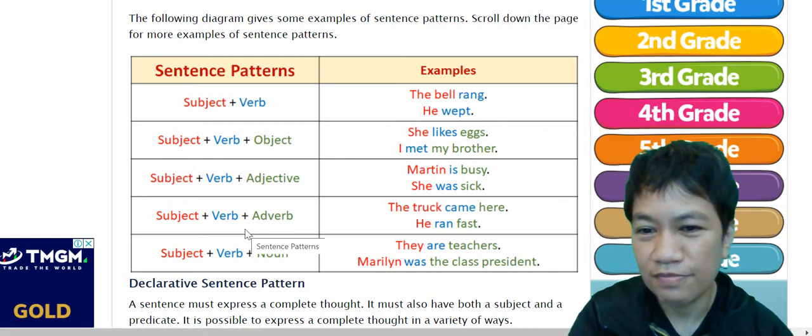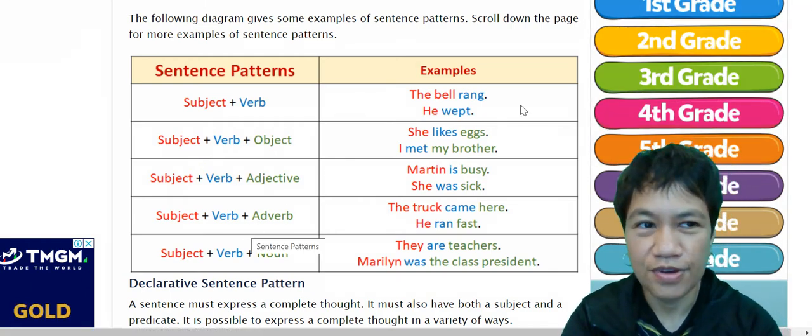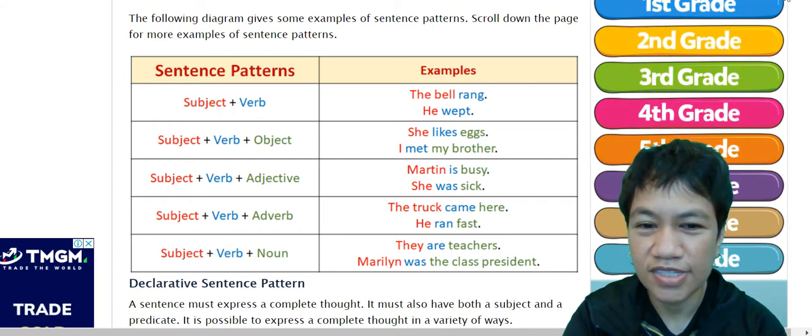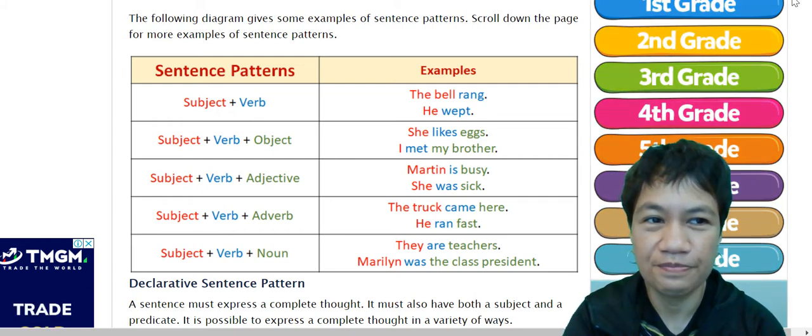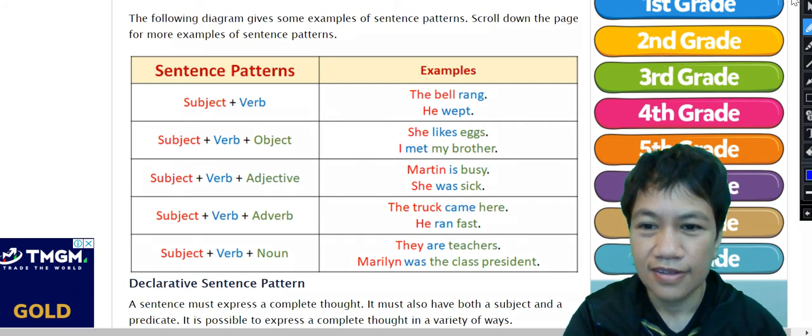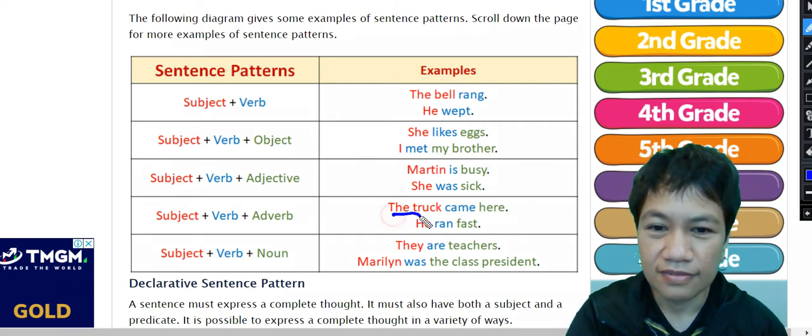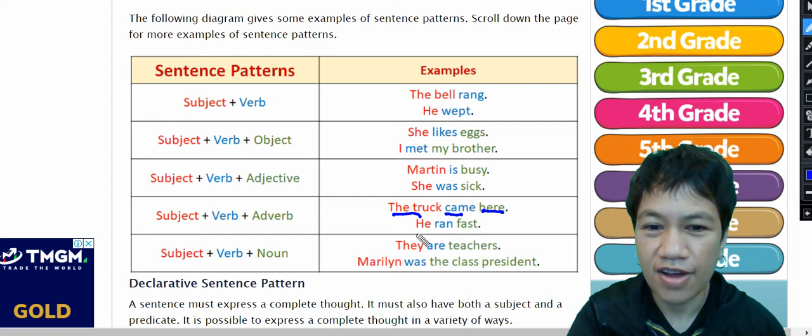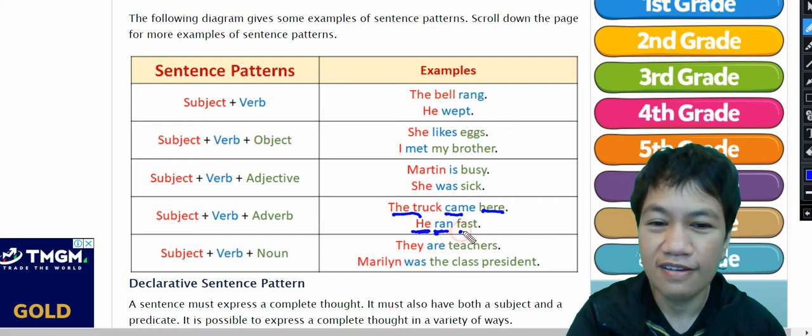Okay, next, subject, verb, adverb. Okay, adverb is to describe the verb. The truck, subject, verb. What is the truck doing? Came. Adverb, here. He ran fast. The subject, he. The verb, what is he doing? He ran. How did he run?